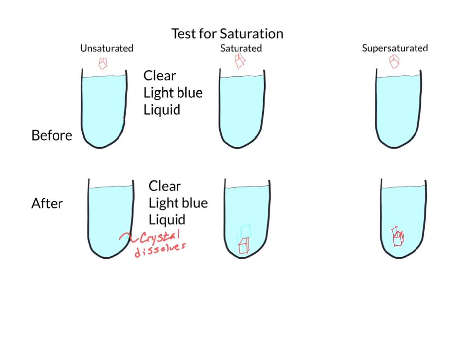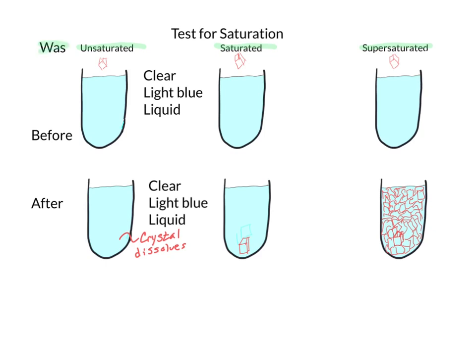Well, that crystal grows larger and larger, sometimes filling the container with solid. So this test tells us what we had. Was it unsaturated, saturated, or supersaturated originally? Can't tell by looking, but after the test we can tell what it used to be. So that tells us what it was.